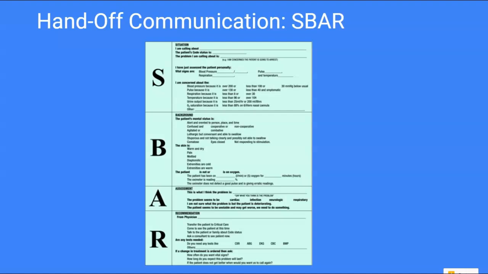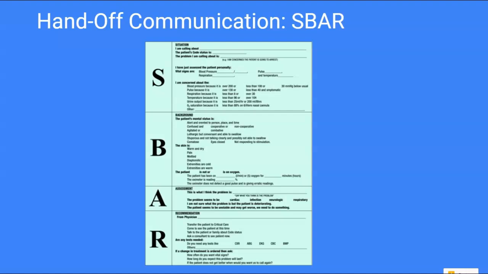So the situation, if us as nurses have a patient that we will give SBAR about, that would be, what is the situation of this patient? So this is Mr. Jones. He is 75. He's here with a COPD flare. His oxygen is at 89. He's on this medication.